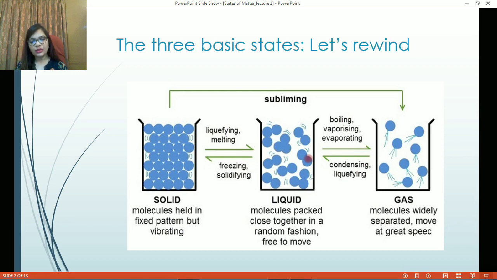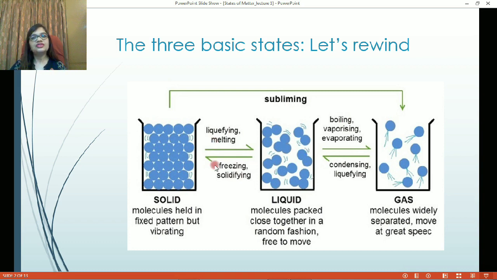Now in case of liquids, the attractive forces will decrease a little bit and the arrangement will be a bit haphazard. In case of gases, the electrostatic forces of interaction decrease like anything, and there won't be practically any arrangement of atoms, ions and molecules.